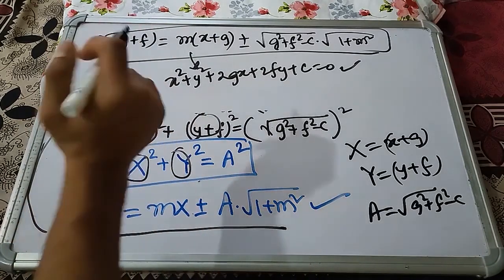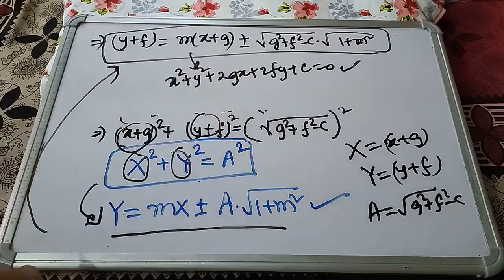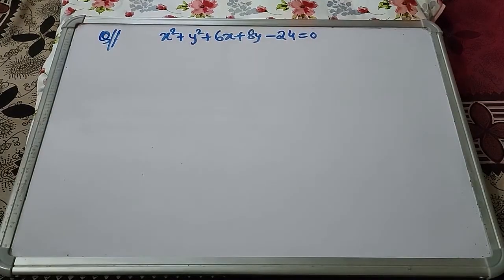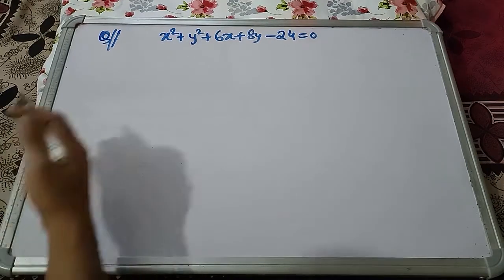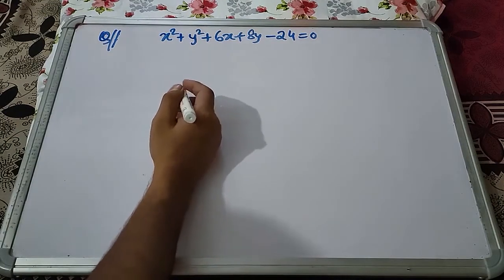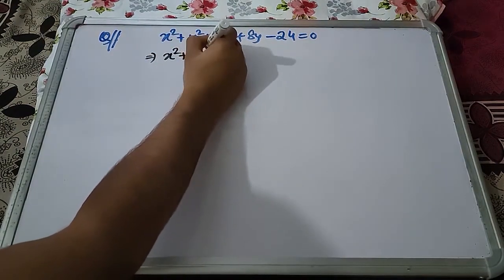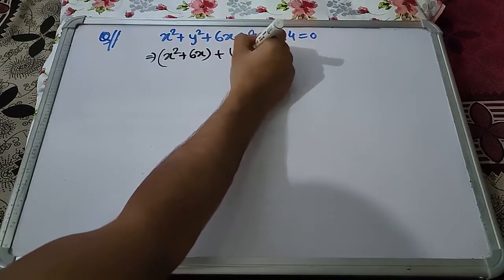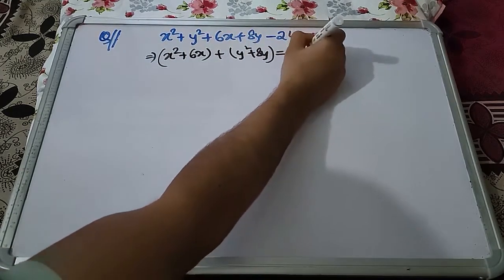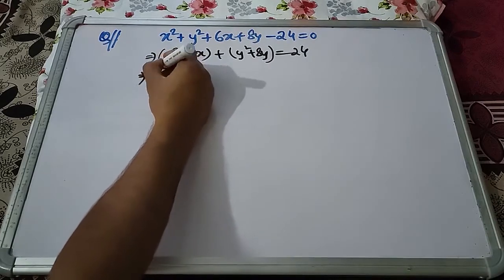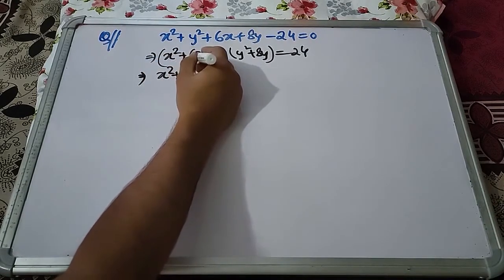So now let us solve a question regarding the format we have obtained. Based on the concept we learned just now, that is how to find the equation of a tangent for any given general equation of circle, let us apply that. Rewrite this in a different format: x square plus 6x plus y square plus 8y equals 24. So this is actually x square plus 2 into 3x.